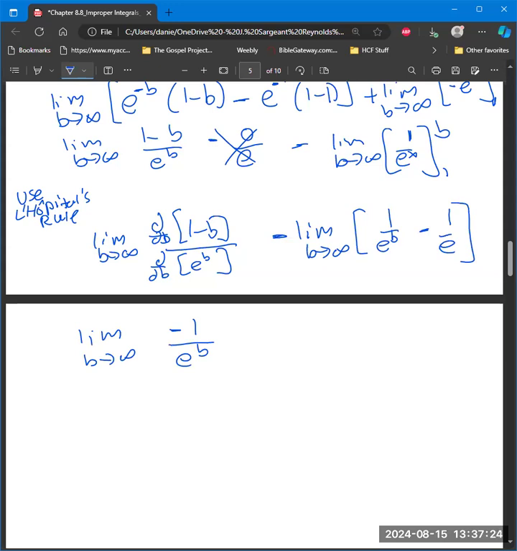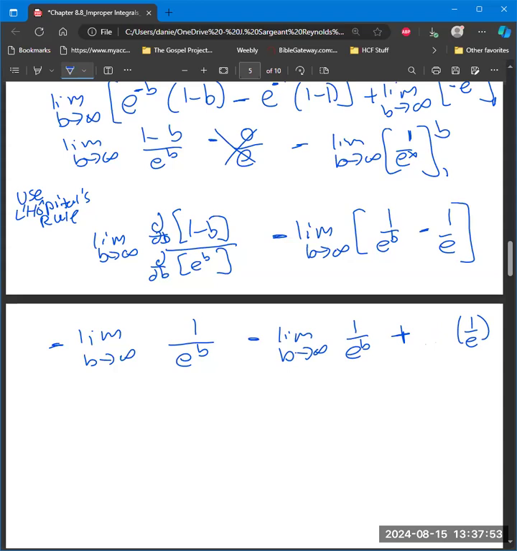So this is minus limit as b goes to infinity of 1 over e to the b, plus limit as b goes to infinity of 1 over e. I don't really need that part because there are no b's in it.